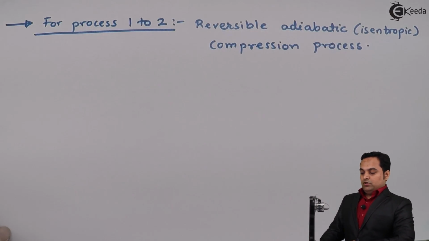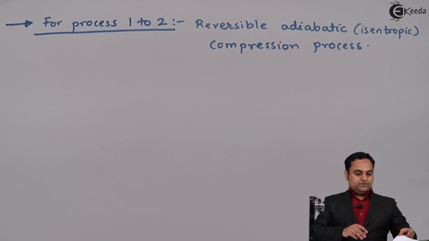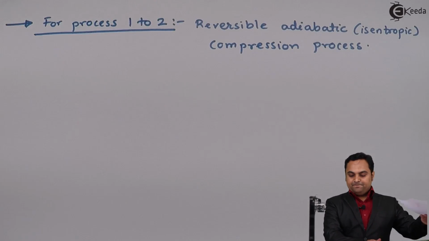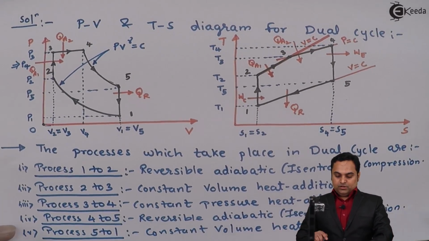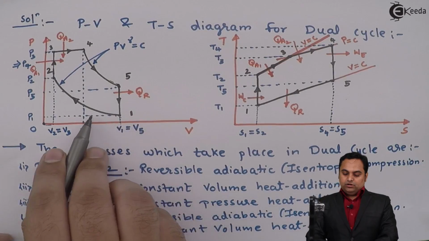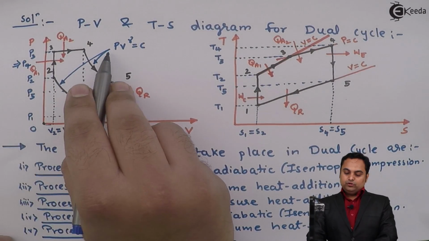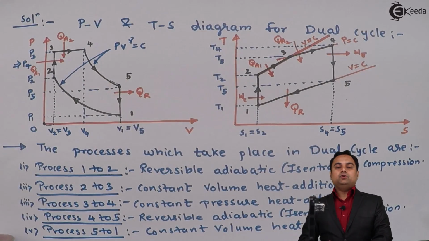Now for this process, on the PV diagram we have shown that this curve, which is for the reversible adiabatic process, follows the law PV raised to gamma is equal to constant.